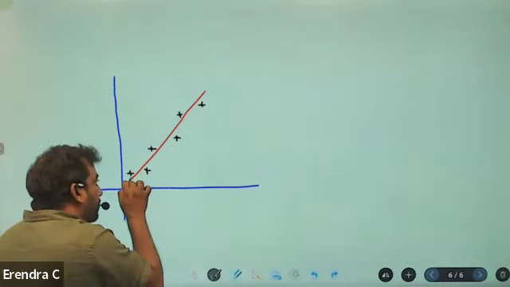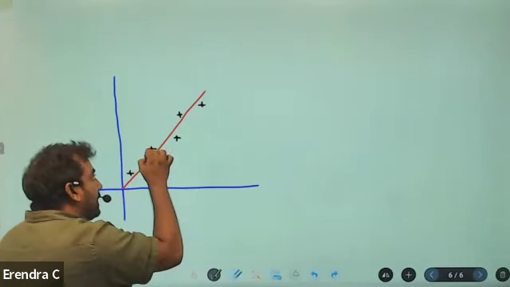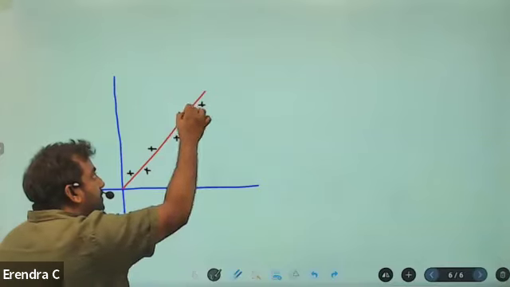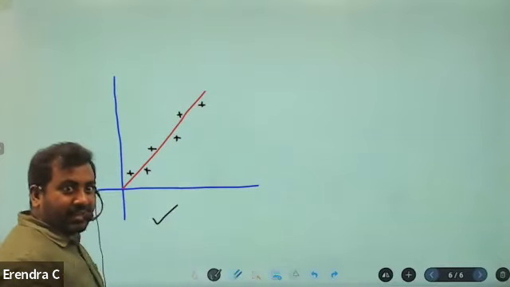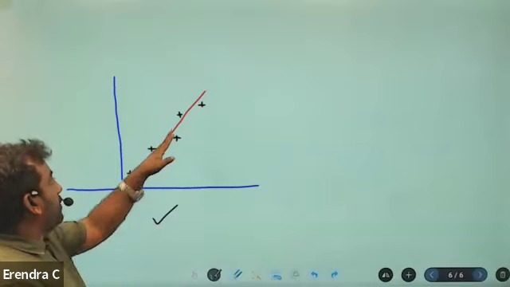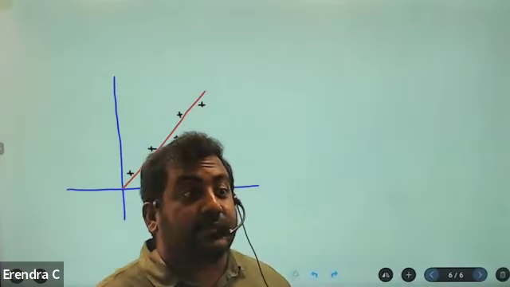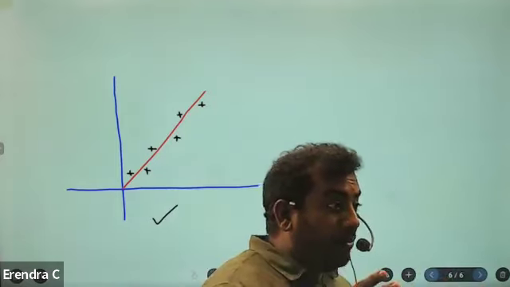Distance to that point from the line and this point, almost same. Here to here, almost same. This is a good best fit line. You might say, sir, none of the points I found is on the line. No. Doesn't matter. Some best fit graphs, none of the points you found will be on your graph.